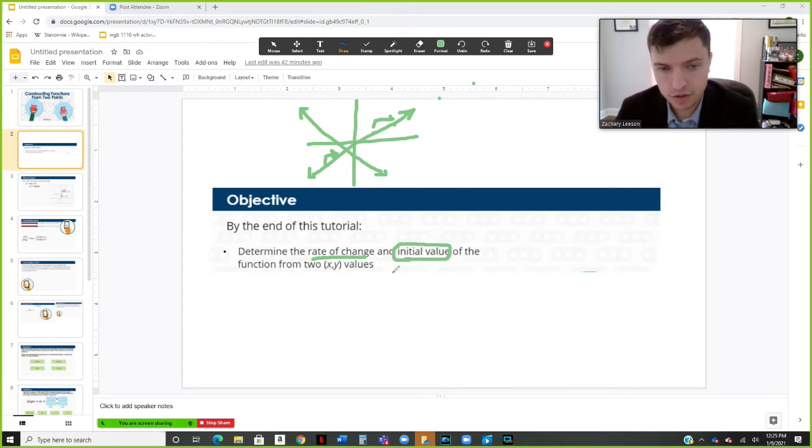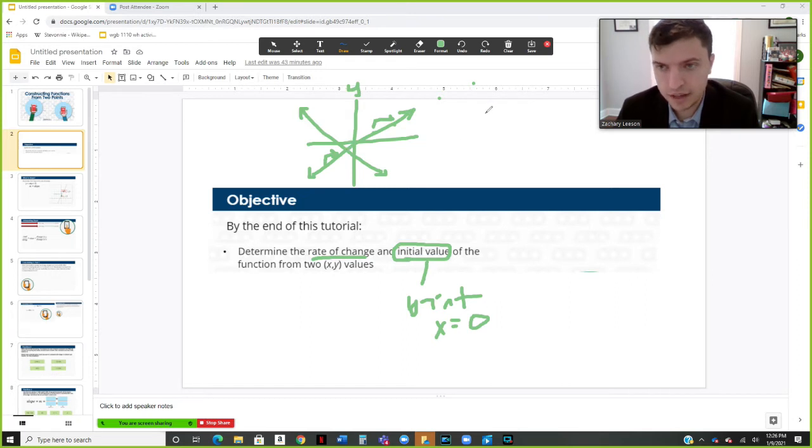The initial value is the y-intercept, and that means x is 0 at that initial value point. So here's our y-axis.